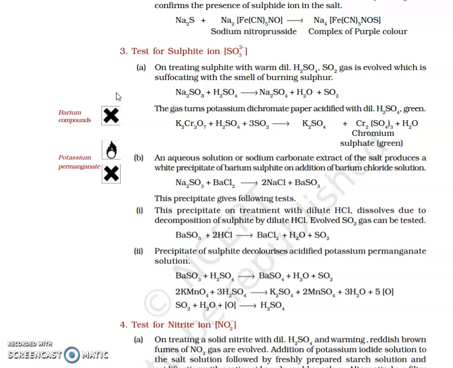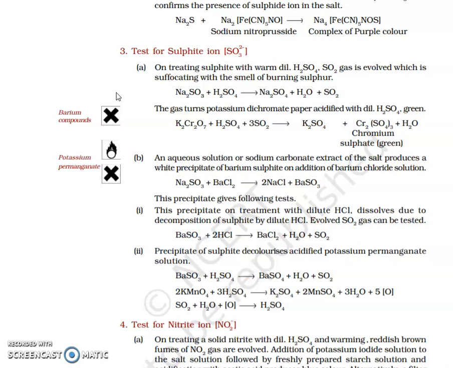An aqueous solution or sodium carbonate extract of the salt produces a white precipitate of barium sulfite on addition of barium chloride solution. Sodium sulfite reacts with barium chloride to give sodium chloride and barium sulfite. So this precipitate gives the following tests.